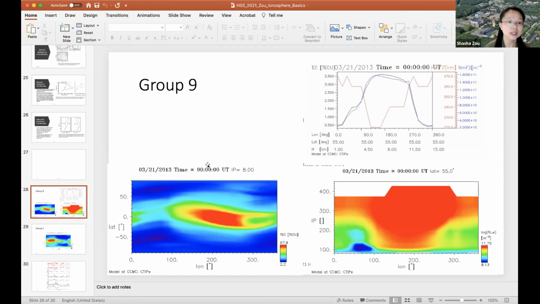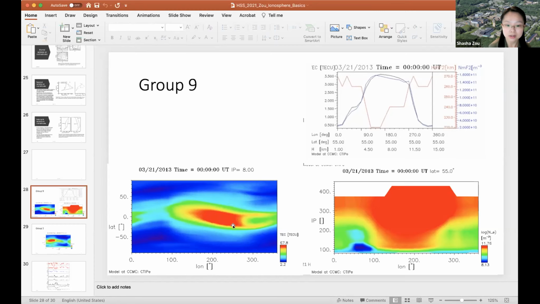And I also looked at the run log to see what drivers were used for this run. It seems it's a constant F10.7 and a constant IMF. So there is no temporal variation basically in this simulation. Here you can see this is the equatorial region.